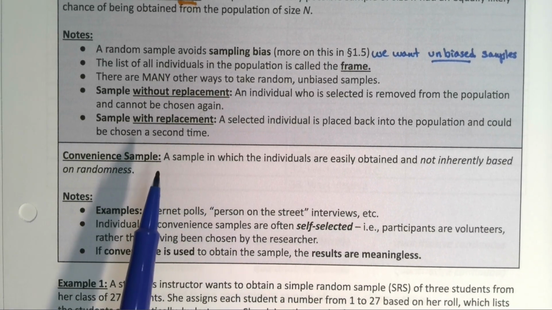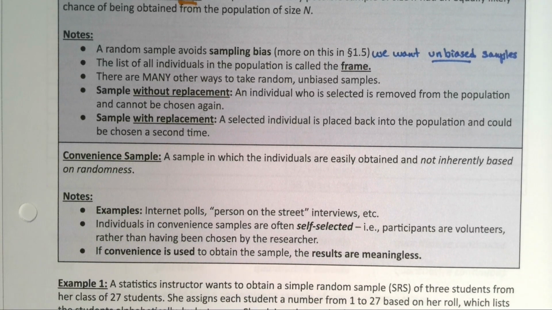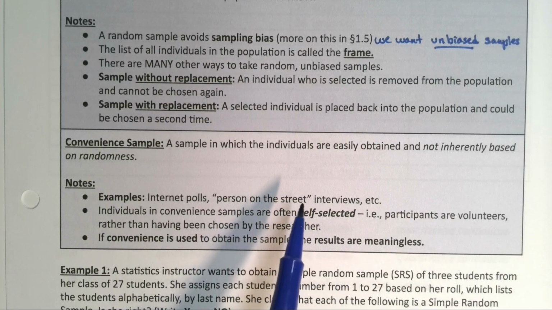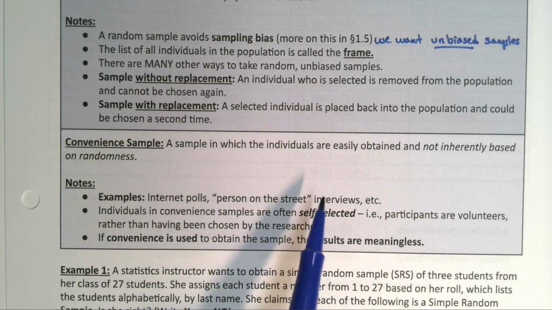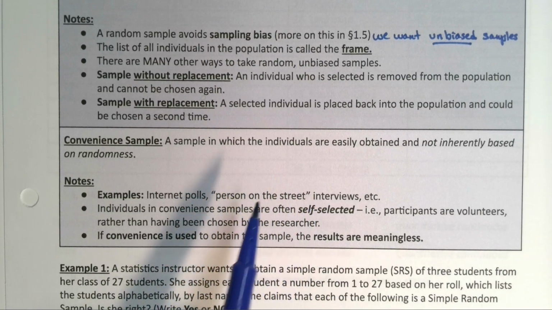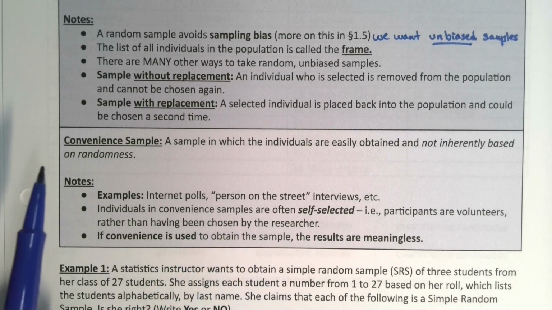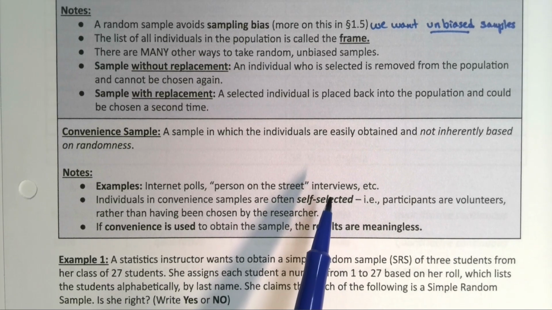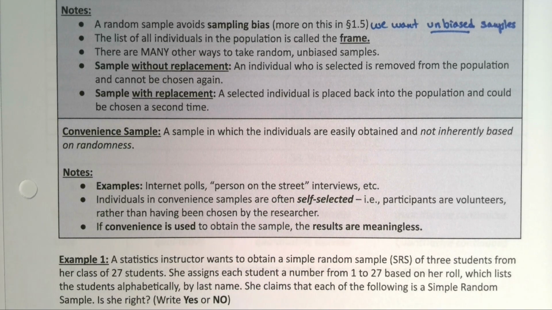All right, a convenience sample is a sample in which the individuals are easily obtained and not inherently based on randomness. So internet polls, person on the street polls, a lot of times those late night shows will do person on the street interviews with people coming out of bars and get kind of wacky answers. Those are convenience samples. All of the, phone in for who you want to win this particular competition show, that is convenience sampling.